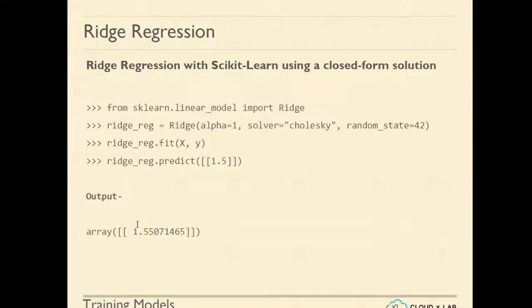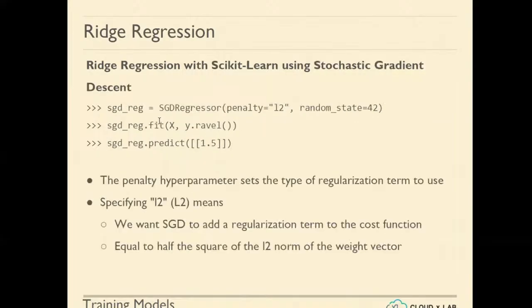So if you want to use closed form solution, you will import Ridge from scikit-learn. And if you want to use iterative method, the SGD method, then you will use SGD regressor. SGD regressor I've already discussed. The only difference here is we will use here penalty. So if you want to use L1 regularization, you will write here penalty is equal to L1.